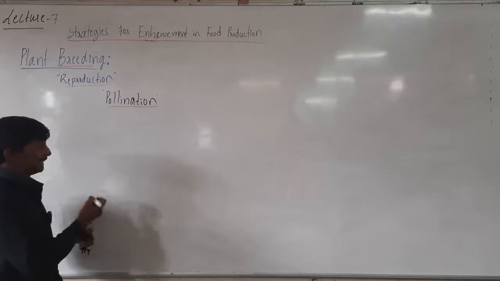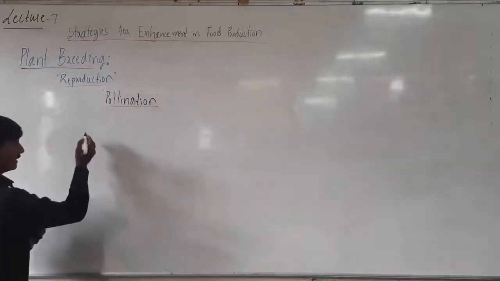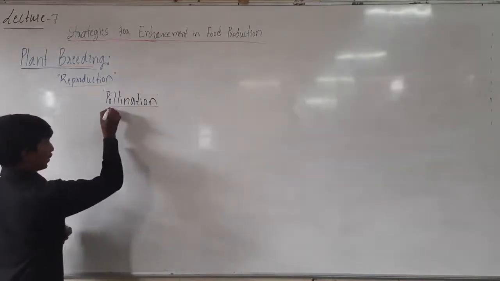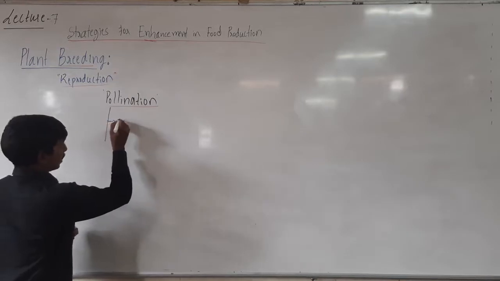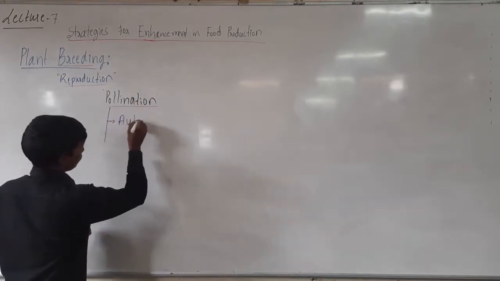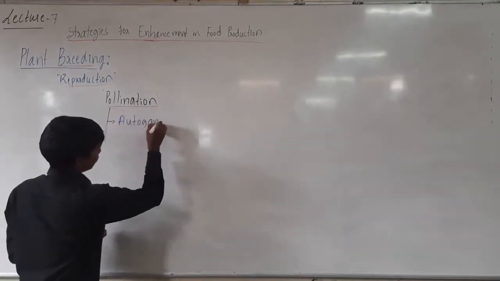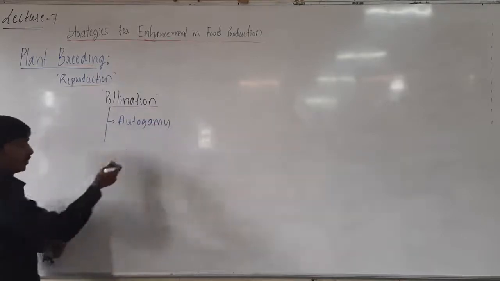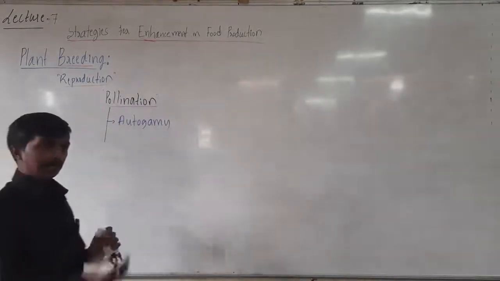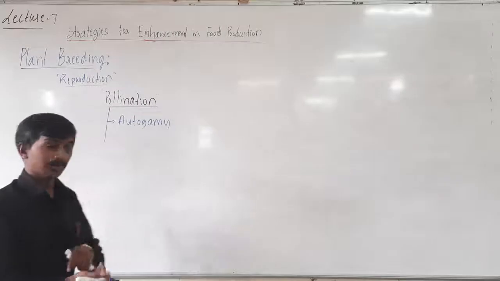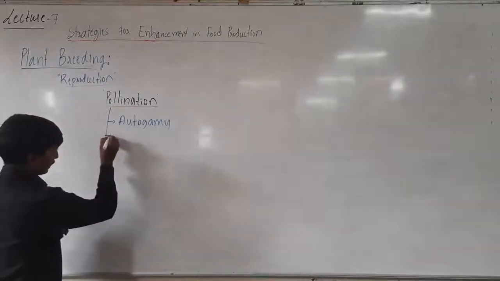Here we have discussed three different types. One is autogamy, which is the transfer of pollen grains from anther to the stigma of the same flower of the same plant.